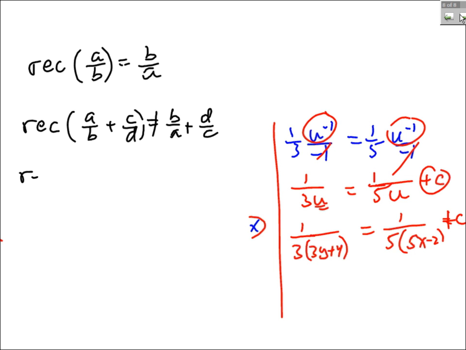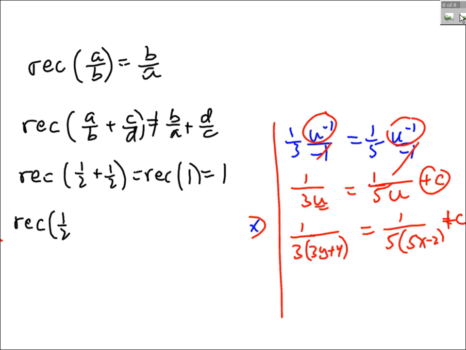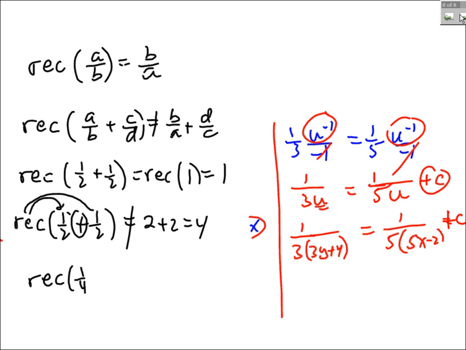For example, the reciprocal of a half plus a half. Well, a half plus a half is 1. The reciprocal of 1 is 1. So now, if you take the reciprocal of each fraction one by one, the reciprocal of a half is 2, plus the reciprocal of a half is 2. You get 4, which is not correct. You have to take the reciprocal of 1/4 to get 4. A half plus a half is not a quarter.